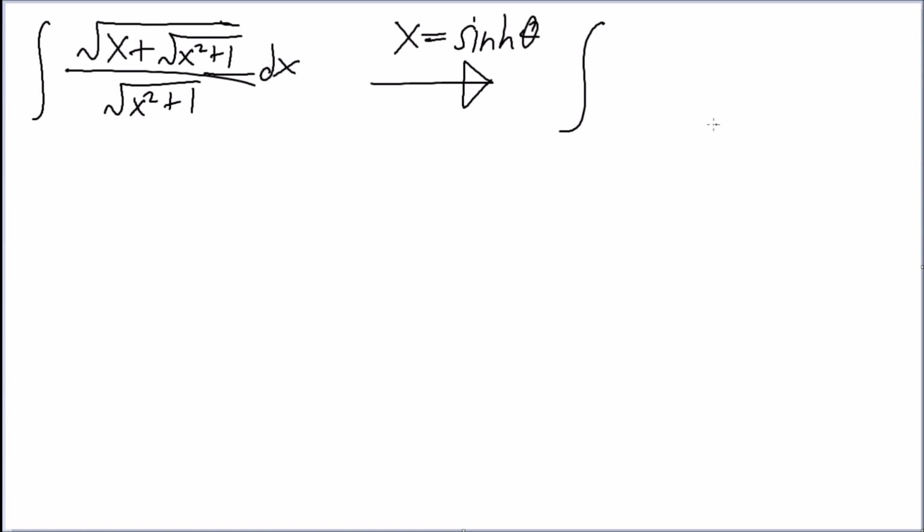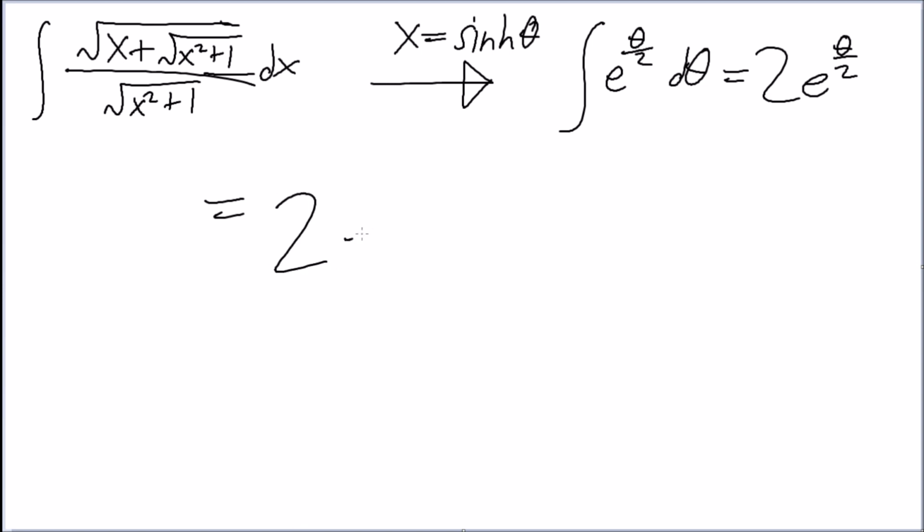So our cosh theta is going to cancel out. So we'll be left with this. I'm just skipping ahead for the sake of time. But yeah, we have e to the power of theta over 2. Cool. That's nice. Wow. This is just 2 e theta over 2. Okay. So then our answer is just 2 times e to the half of inverse sinh.